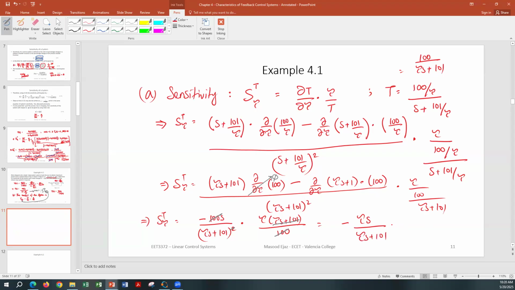And now we can divide by tau: negative s over s plus 1 over tau. So that's the sensitivity expression for the transfer function with respect to the changes in the value of the time constant of the process.